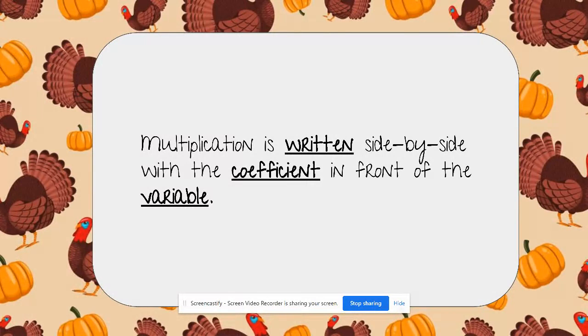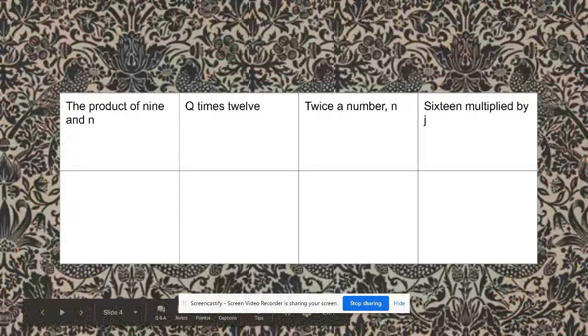So if I have q times 3, how would I write it? 3q. Because the coefficient is always in the front. That's the proper mathematical way to write it. Okay? So let's practice that some. So we have the product of 9 and n.